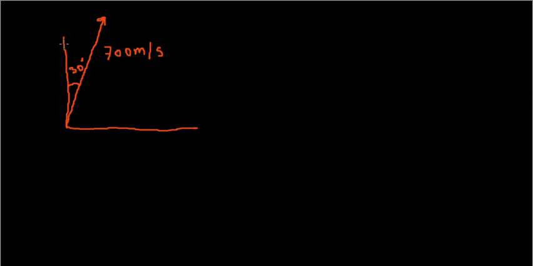So 30 degrees north of east. Sorry, east of north, sorry. 30 degrees east of north. I misspoke. And so we have wind that's pushing this, but it's a very small breeze.